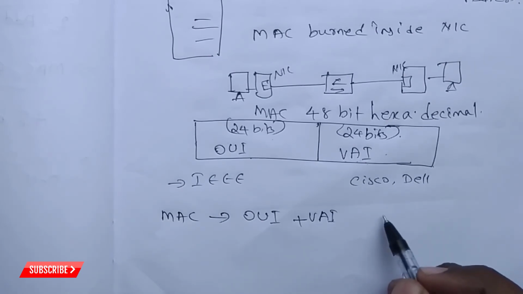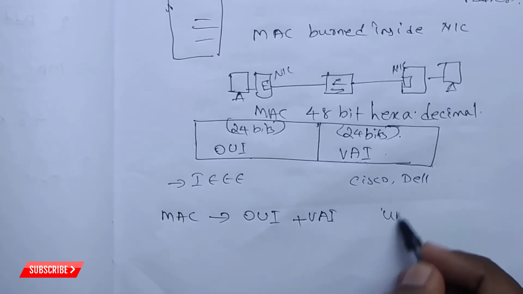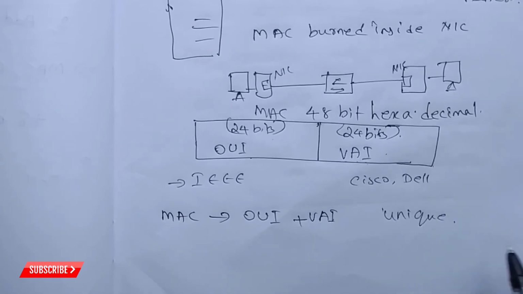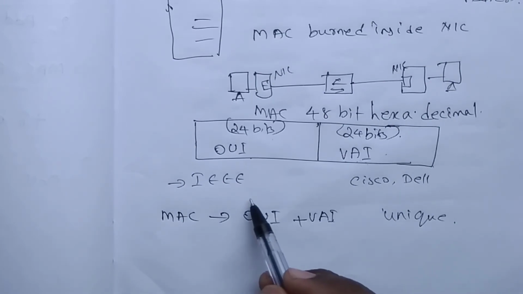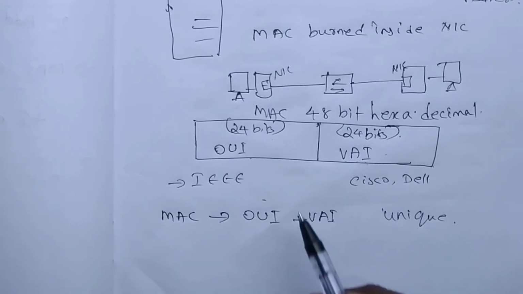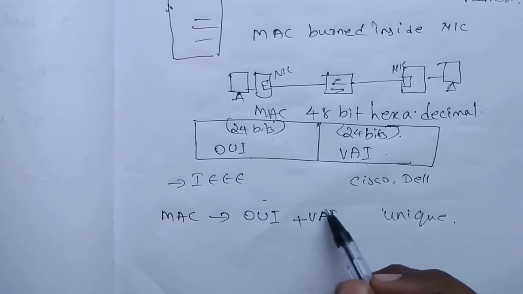It is a unique address and will not repeat anywhere. If you buy a new NIC, that NIC has a unique MAC address. Normally it will not be replicated anywhere because it has an OUI ID and a separate vendor assigned ID.